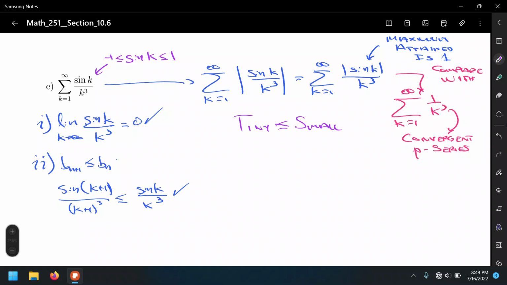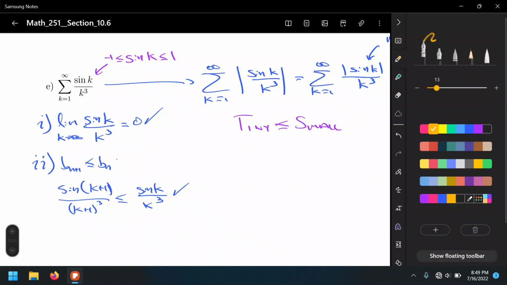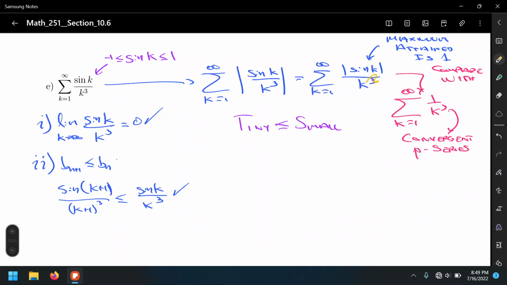That means in this case that the tiny, which is our problem, absolute value of sine of k over k cubed, is less than or equal to 1 over k cubed?